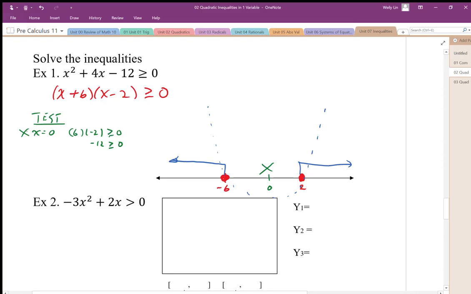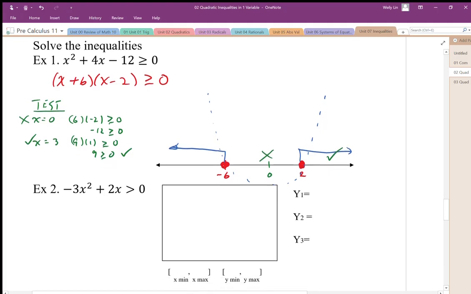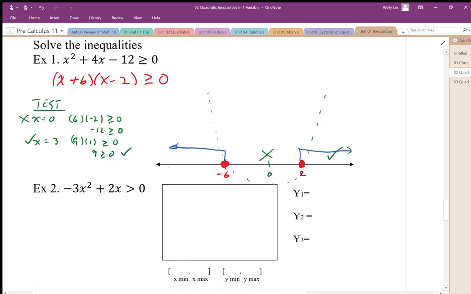If you're not sure, we can test x equals 3. I end up with 9 times 1 is greater than or equal to 0. 9 is greater than or equal to 0. That's okay, so that represents a solution region on that side of the number line. And again, we can test some position to the left of negative 6.